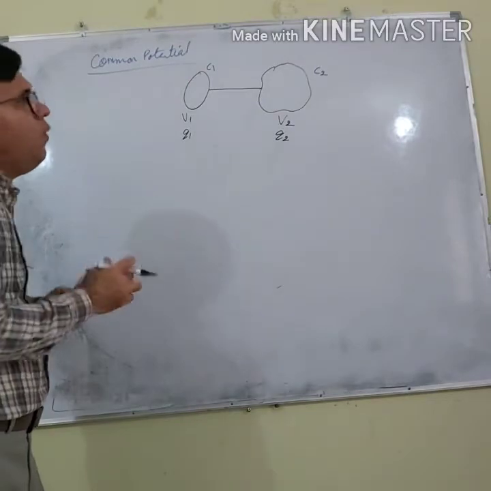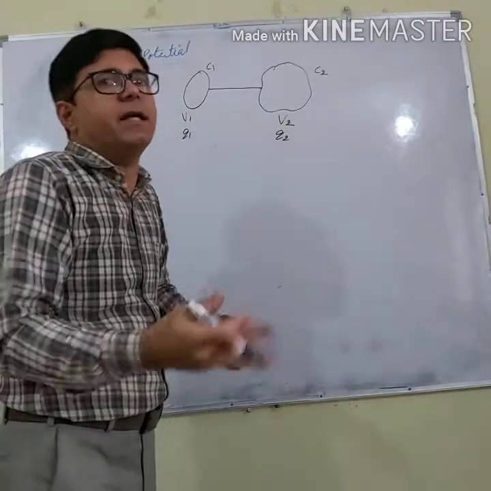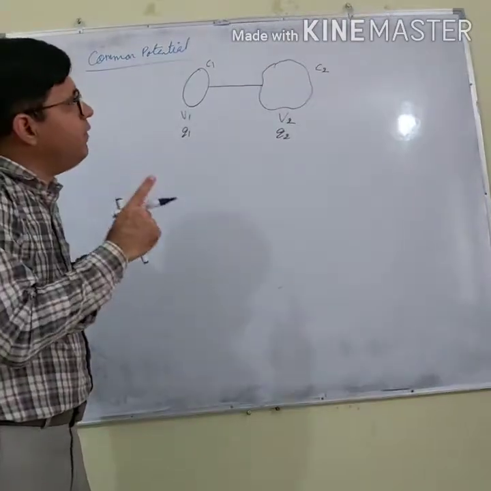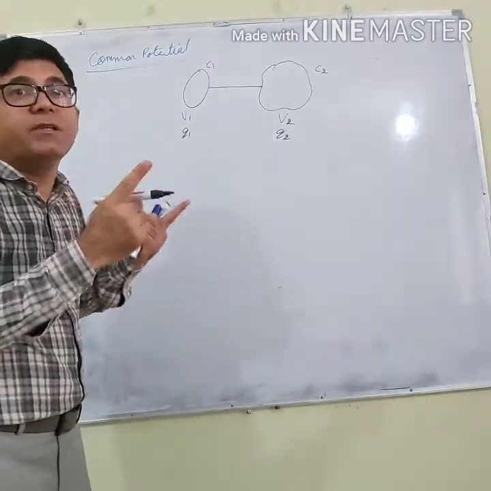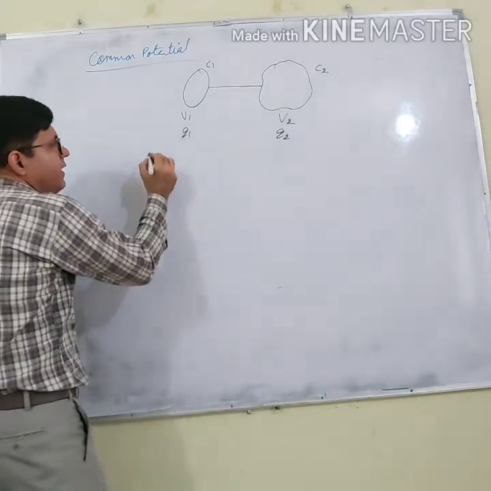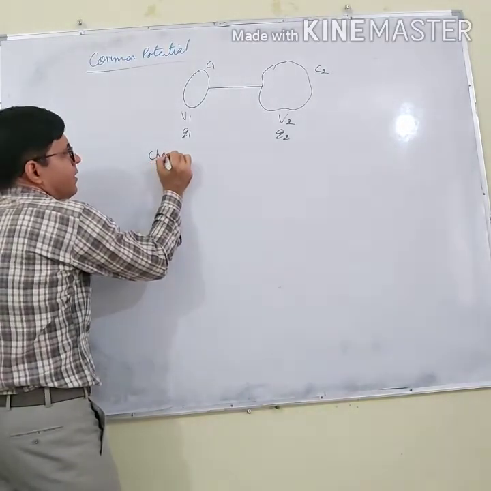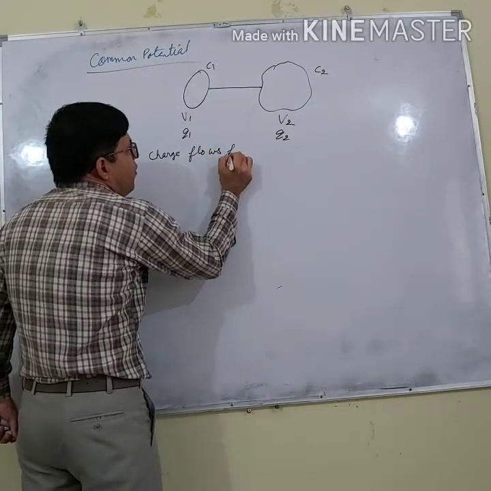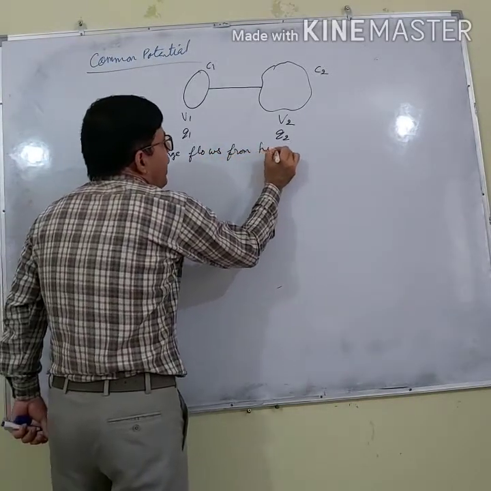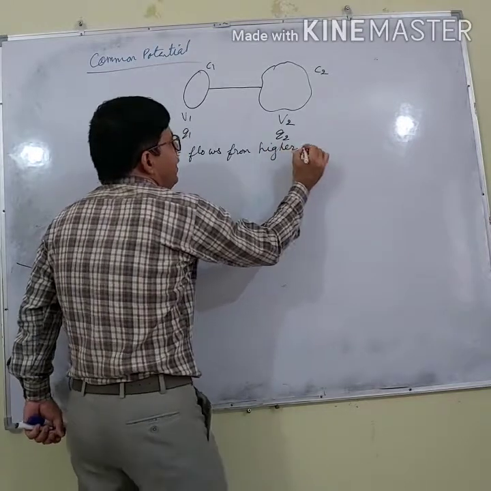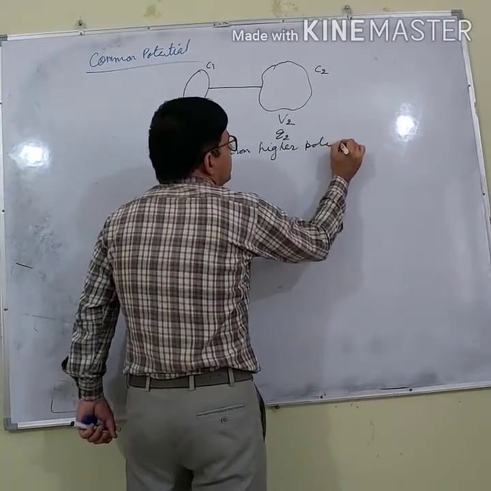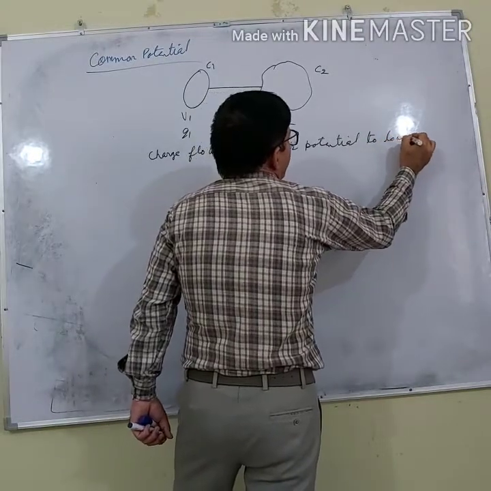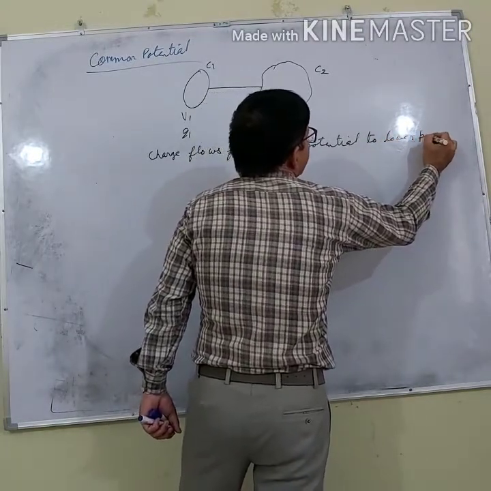Charge will flow from one conductor to the other, from the one whose potential is more. So I can say charge flows from higher potential to lower potential.